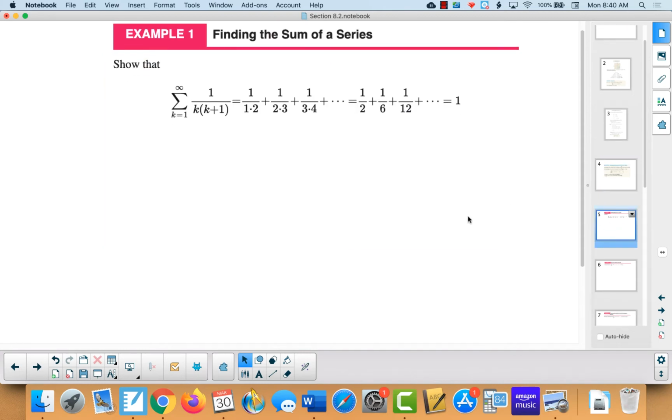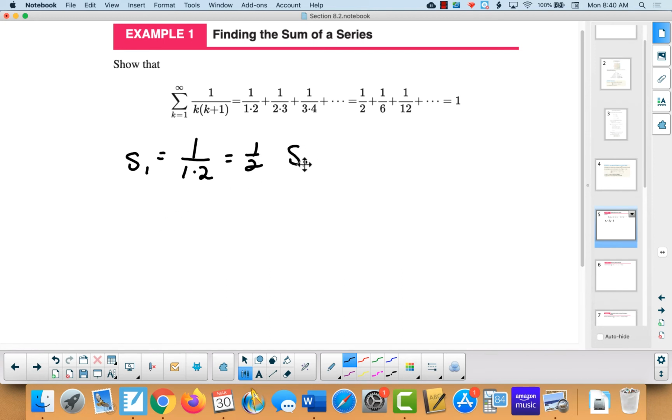So here's our first example of an infinite series, and we want to show that this one also equals 1. So to do that, we'll look at what is S sub 1. And that's 1 over 1 times 2, or 1/2. S sub 2 is 1 over 1 times 2 plus 1 over 2 times 3.